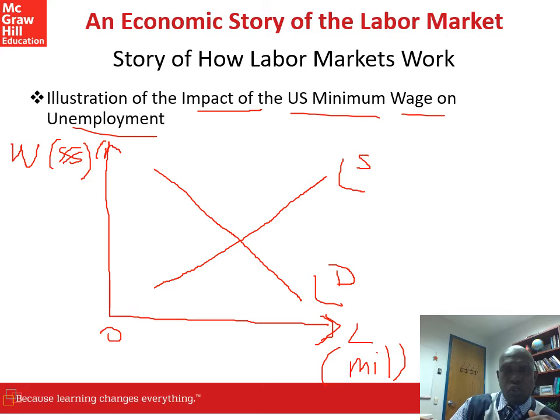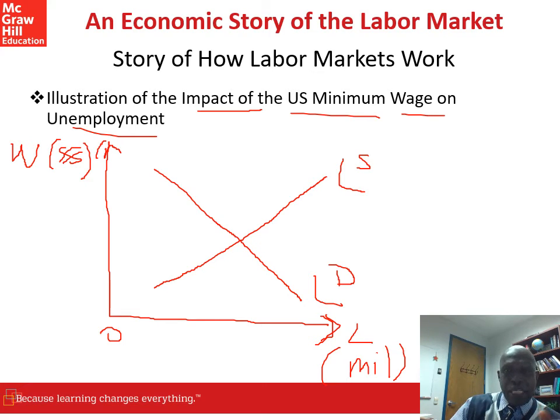Labor demand is downward sloping, or negative slope, because at higher wages, businesses want to hire fewer workers because they want to save money and cut down the cost of production. At lower wages, businesses want to hire more workers because workers are cheap, they can afford to hire more and produce more.